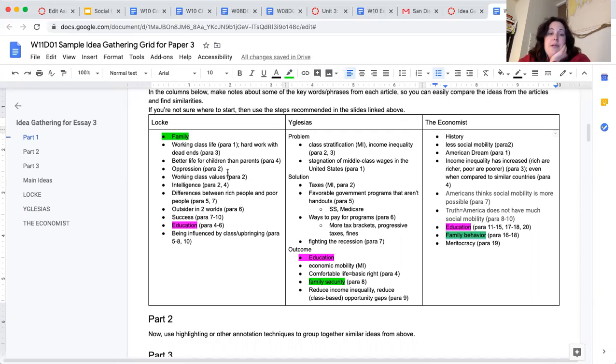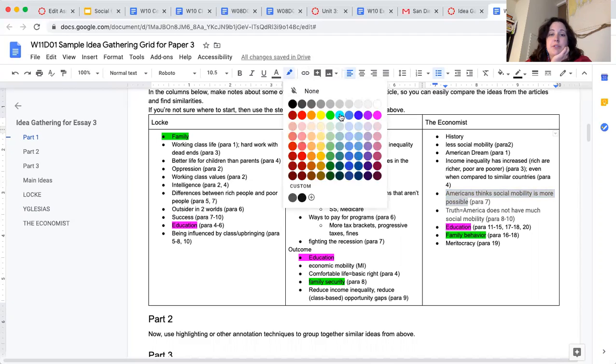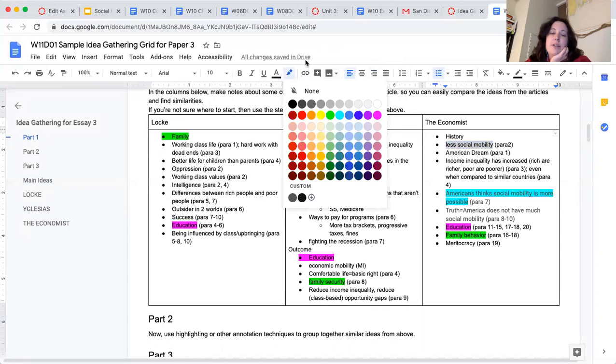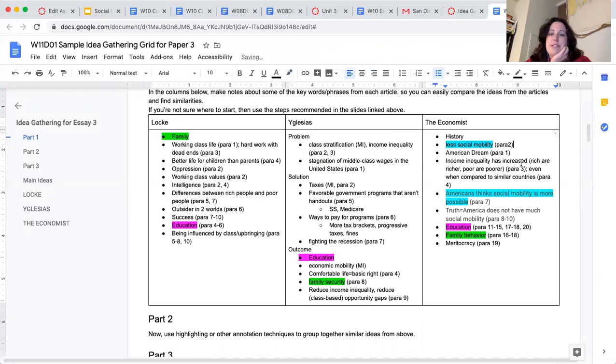There are going to be other things that come up as trends. So we've got this idea of social mobility, like this American dream. I'm going to go ahead and highlight that. Maybe even less social mobility. And we can revise our categories. We can say what is going to go together, what's not going to go together.